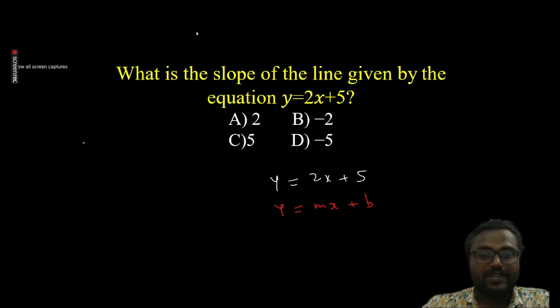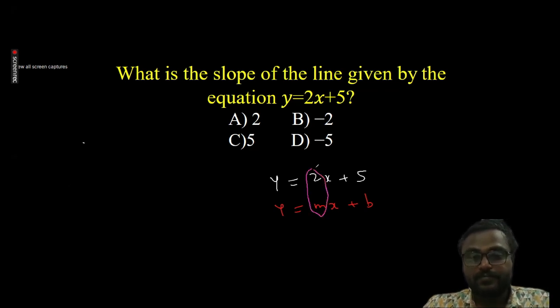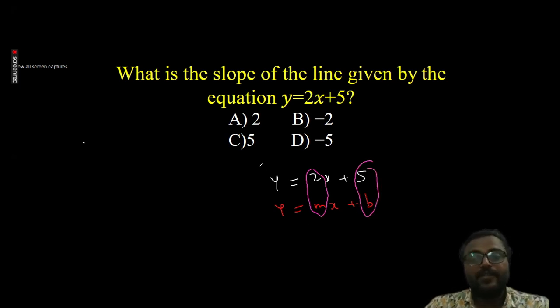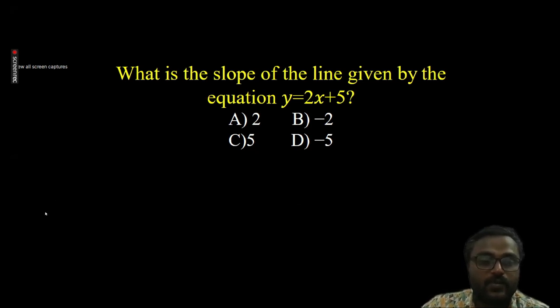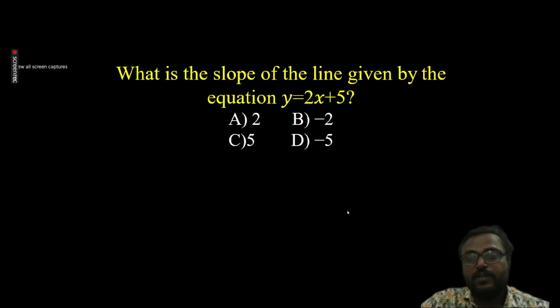Yes, because there is 2 in place of m, and the y-intercept is 5. So the slope of this line is 2. Now, let's move on. Daniel, did you understand it? Did you get why it is 2? Frederick, did you understand?